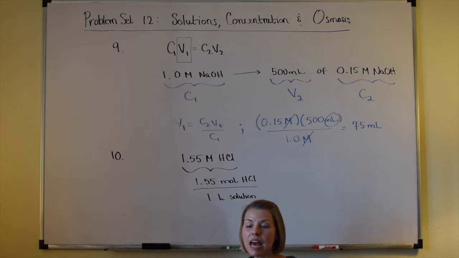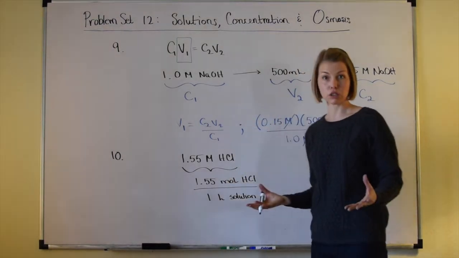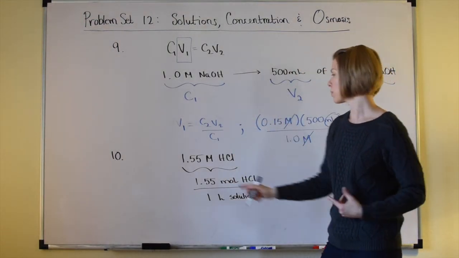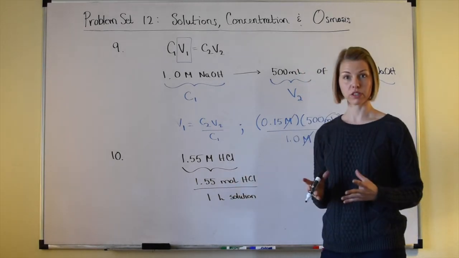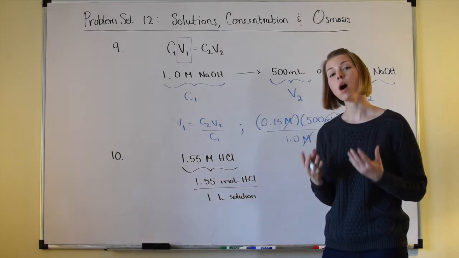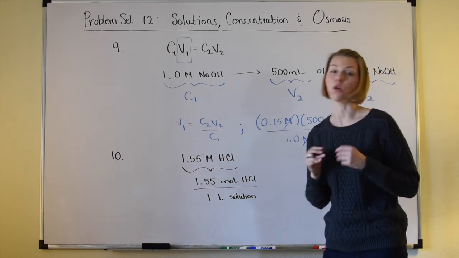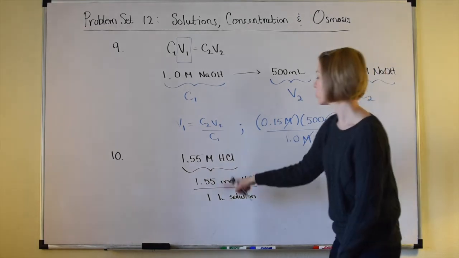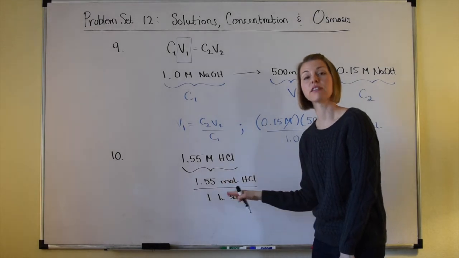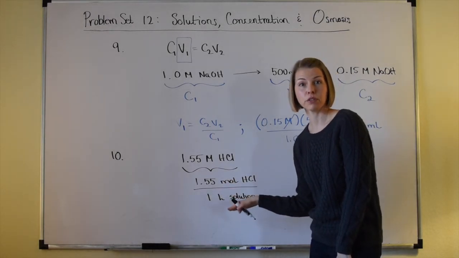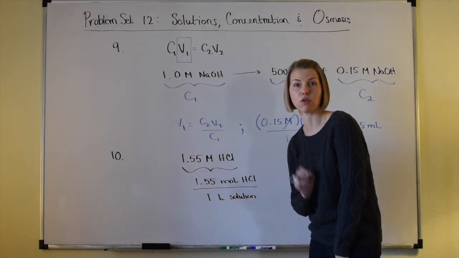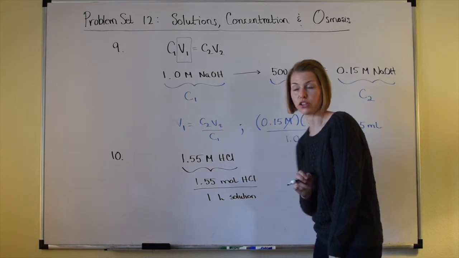So if we added an entire liter of that solution to our reaction, we'd be adding 1.55 moles of HCl. We don't want 1.55 moles. We want just 0.055 moles. So we're going to use this as a conversion factor to figure out what volume to use to get just 0.055 moles of that solute.